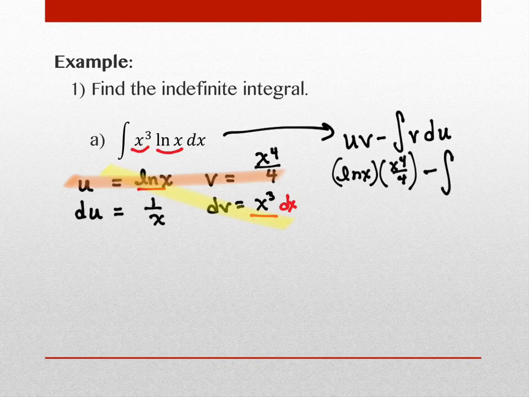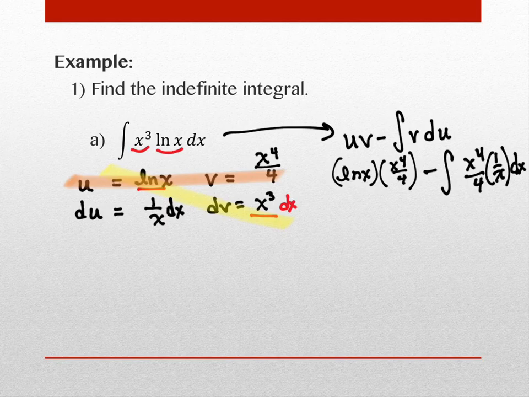Yeah, I did. I just have my notes written down wrong. The v is the x to the fourth over 4, and then the du, which is 1 over x. And then I still have a dx. Oh, I didn't write it in. I should put that there. This is also dx because I took the derivative. I left that off.